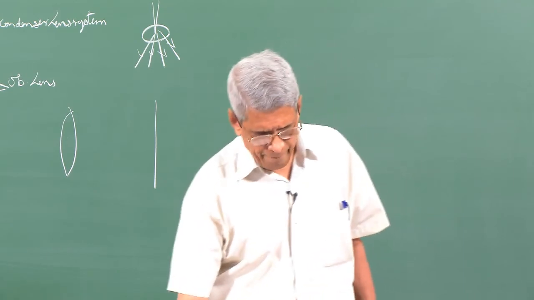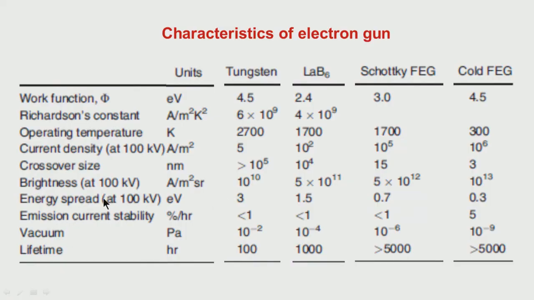Another thing for many applications is the energy spread. In the case of Schottky and cold emission guns, the energy spread is less. It should be less because the chromatic aberration depends upon it, the simplest reason we can think of at this stage.